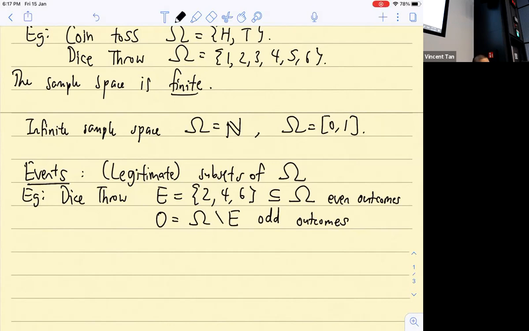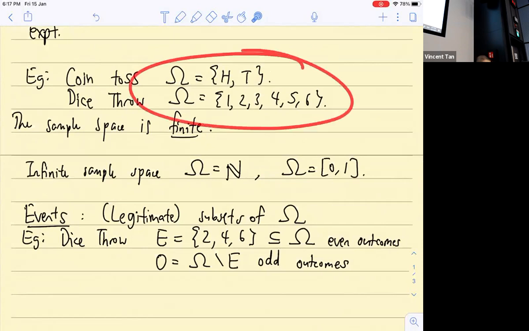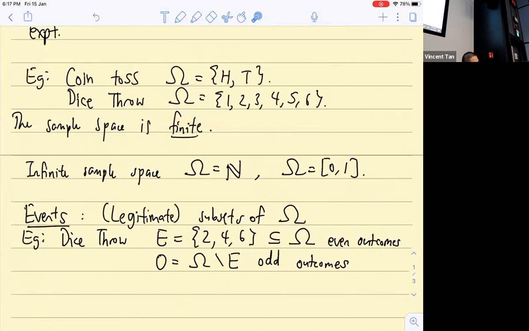Then you may wonder, what is the meaning of legitimate? Are there any illegitimate subsets? It turns out that for finite sample spaces, like these very beautiful finite sample spaces, you can take the set of all subsets to be your events.